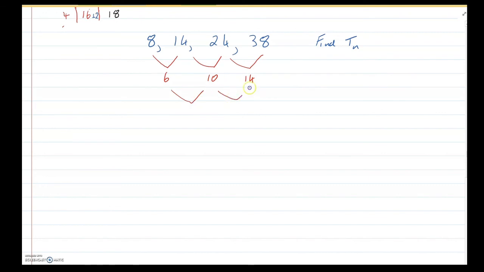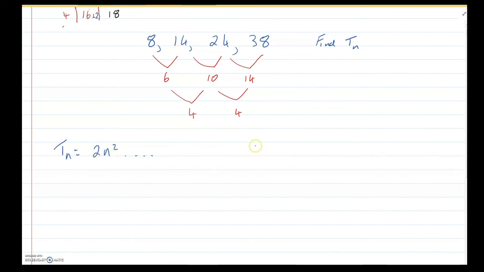Then look at the second difference. The difference there is 4, and the difference here is 4. So our second difference, D, is 4, which means that your Tn is going to look like 2n squared plus or minus something. You take your second difference, divide it by 2, and that gives you the coefficient of n squared, or the number beside n squared.